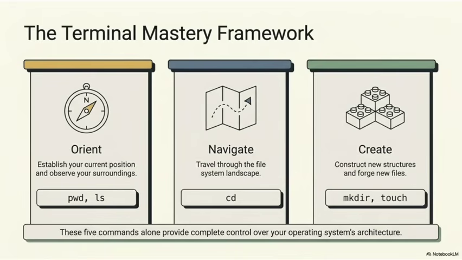Create. mkdir and touch construct new structures and forge new files. These 5 commands used in this logical sequence provide complete control over your operating system's architecture. Every project set up in this course follows this framework: orient, navigate to the right location, then create.